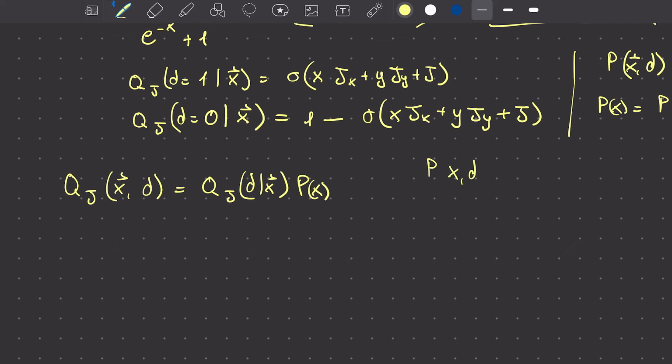Ideally we would make p of x, d equal to q_J of x, d, but in practice this is just going to be an approximation, and we want it to be as accurate as possible. So we're going to optimize for the parameter in Q, that is J, the coupling constants.